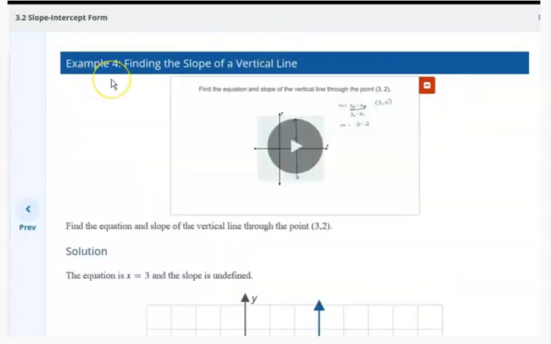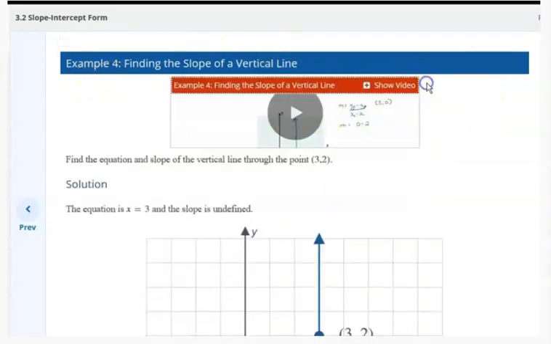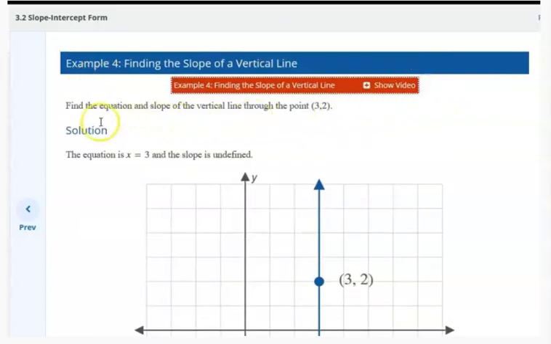In example 4, to include in your notes, we want to find the equation and slope of a vertical line going through point 3, 2. Well, again, we're going to reach into our toolkit and get that x equals a, which is the general form for the equation of a vertical line. Again, our ordered pair is a, b.